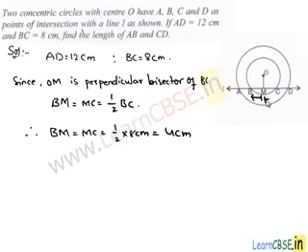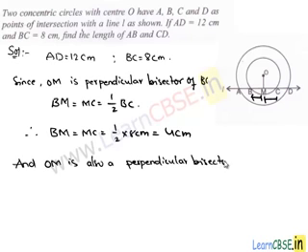Now we can find out the length AB. If we consider the other circle, that is the larger circle, here OM is also the perpendicular bisector of the line segment AD. Since OM is a perpendicular bisector of AD, we get AM equal to MD, which is equal to half of AD.